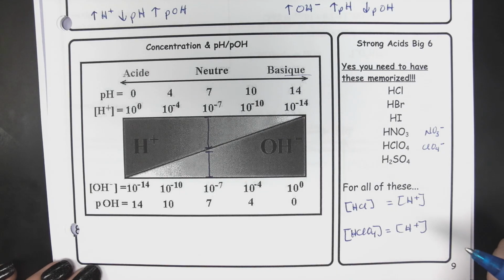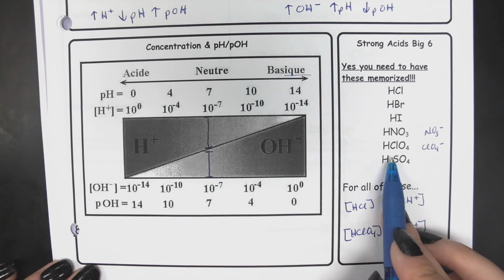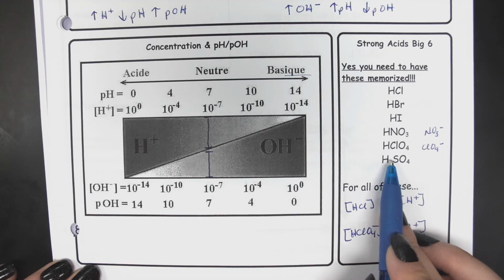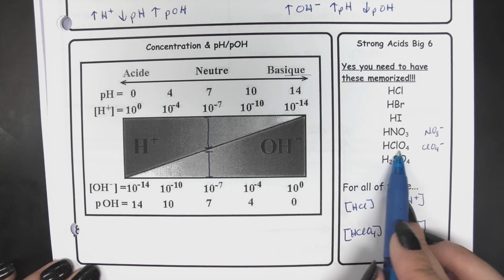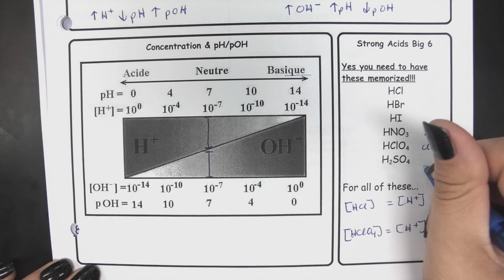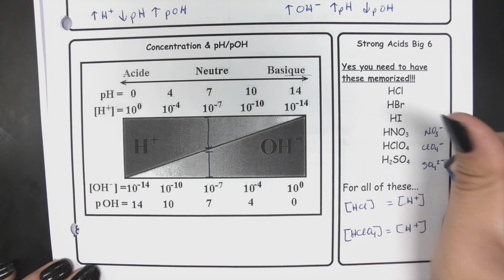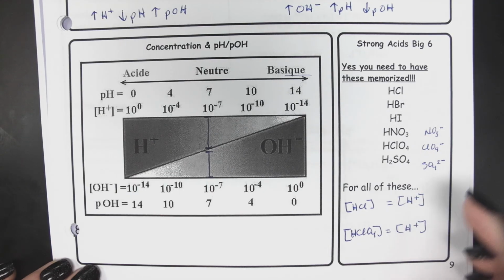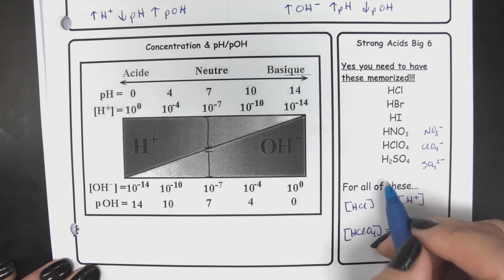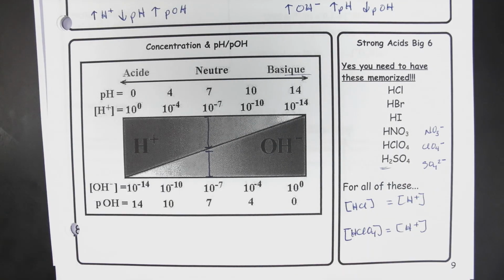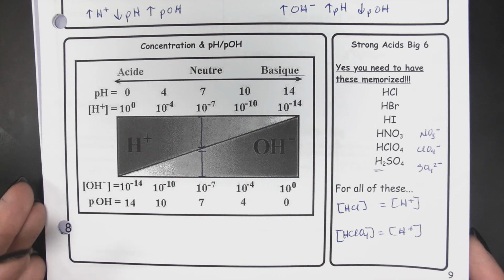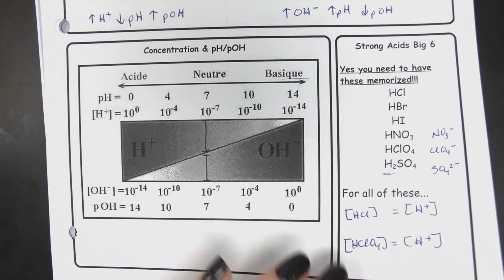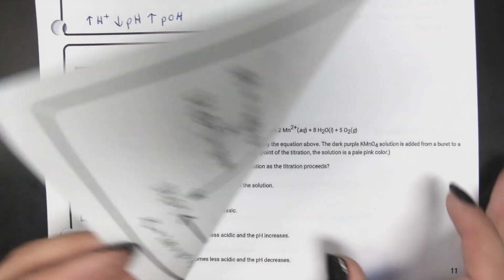And if you put a hydrogen in front of that, then you get perchloric acid. Oh, I need to double check the name. But you get a strong acid. And then there's sulfate, SO4 2-. Now, because it's a 2-, that's why we need 2 of the H pluses to go in front of it. So those are your big 6 strong acids. Yes, you need to have these memorized. Yes, I am going to be testing you on them.